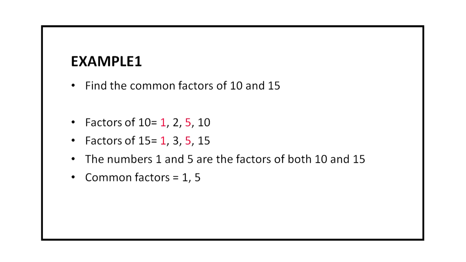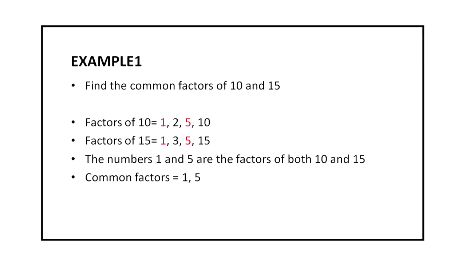So, the factors of 10 are 1, 2, 5 and 10. 1 is a factor of every number. 2 and 5 exactly divide 10, and every number is a factor of itself. Thus, we get 4 factors for the number 10. Now, the factors of 15. 1 is a factor of every number. Every number is a factor of itself.